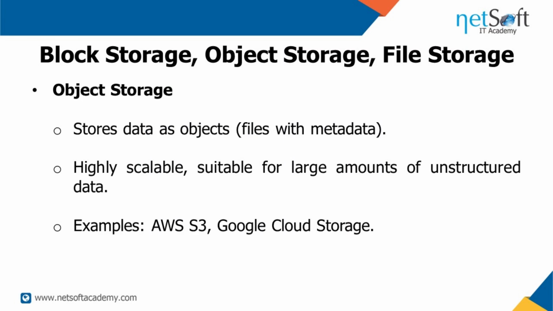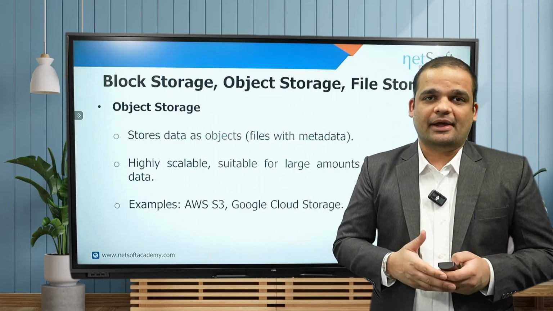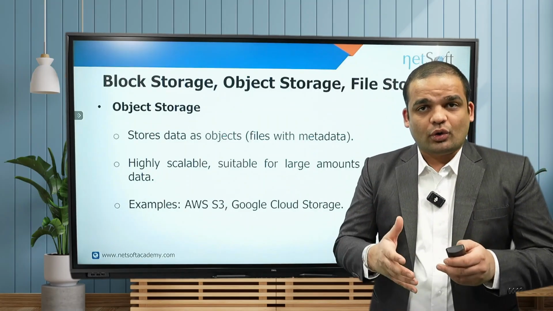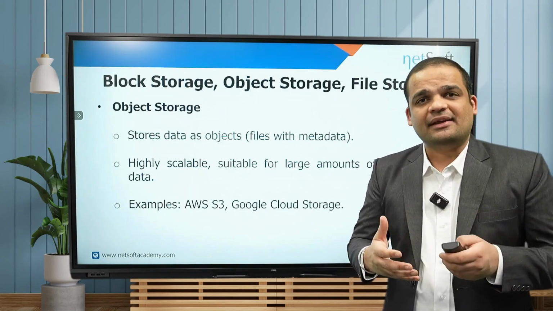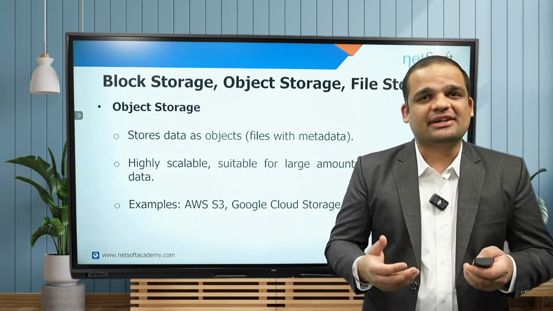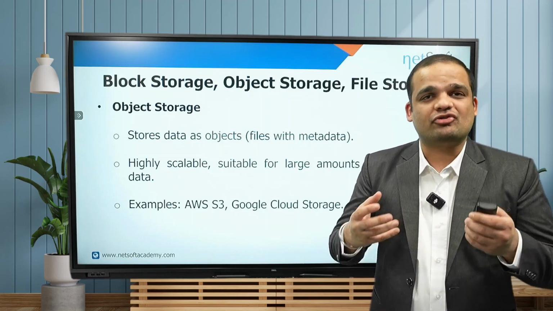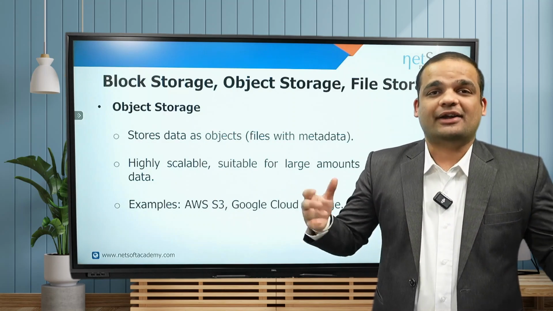The next one is object storage. Object storage stores data as objects, which include the data itself, its metadata, and also a unique identifier. Unlike block storage, object storage is highly scalable and designed to store large amounts of unstructured data. This makes it perfect for applications that need to store and retrieve huge amounts of data.